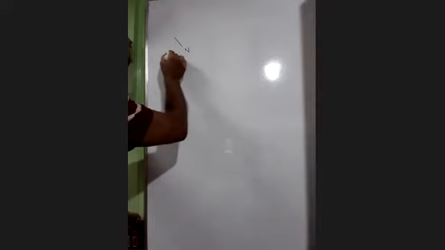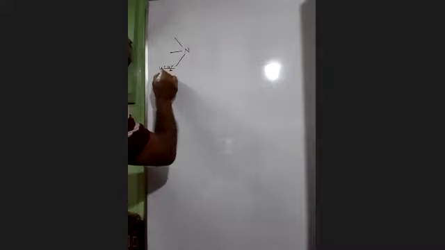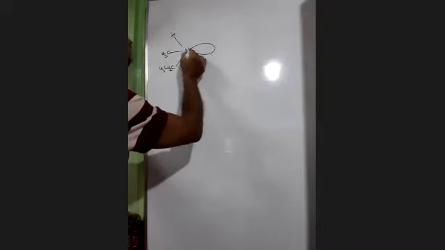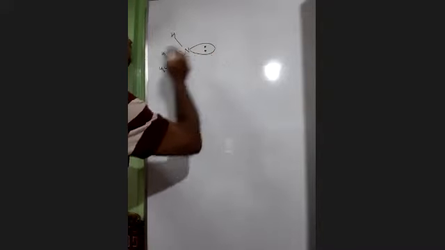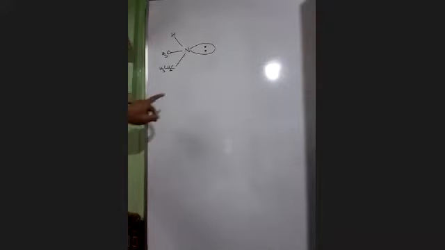See, let me tell a little bit more. Suppose I have taken here CH2, CH3, CH3, and H. This is a secondary amine, okay? Now see, is it not that the nitrogen is asymmetric?